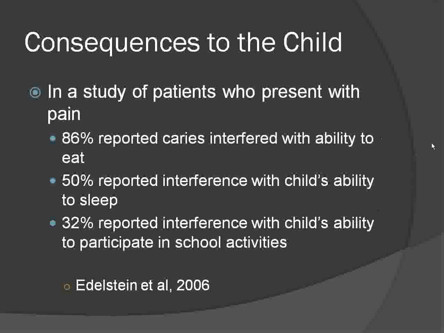About 50% reported that it interfered with a child's ability to sleep, and that probably interferes with parents' ability to sleep as well, and possibly with parents' jobs. The other third of them reported that it interfered with a child's ability to participate in school activities. So if our children are sitting in their school classrooms with a toothache, they're probably not as likely to be able to learn.